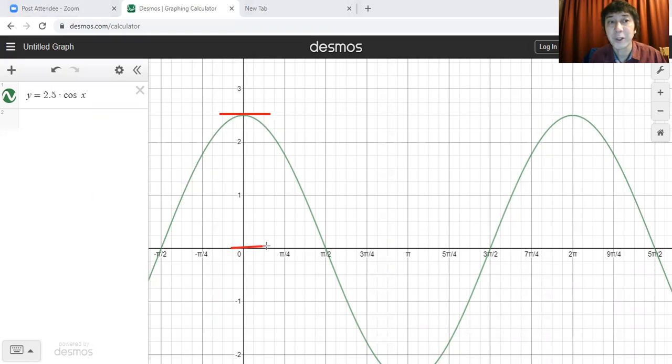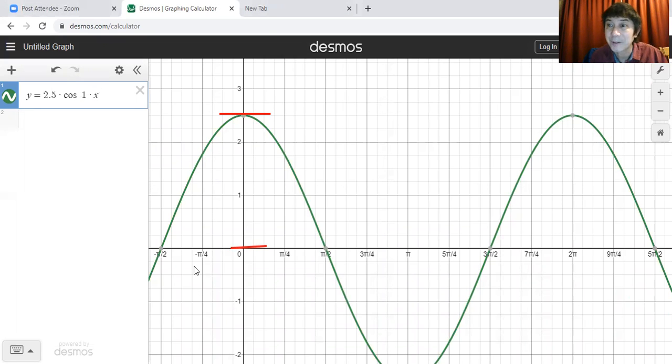Now, the numbers you put as coefficient of x will affect the frequency. Say instead of 1x, because this is really 1 times x there.